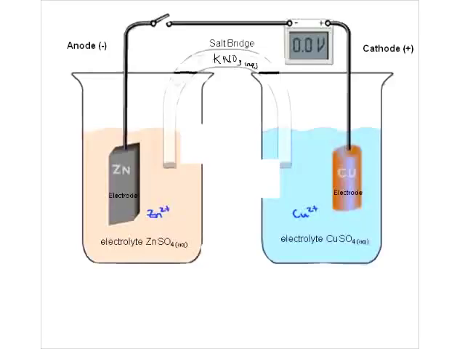So in this particular electrode we're going to see the oxidation of zinc metal, and what's going to happen here is the zinc metal from the electrode is going to be broken down to produce zinc ions and 2 electrons. Now what happens is, as this switch is closed up above, the electrons are going to start flowing in this direction.